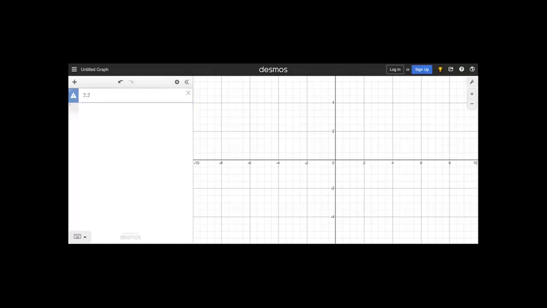Can you see that point? So if both are equal, then we say x equal to y. That was the correct option.